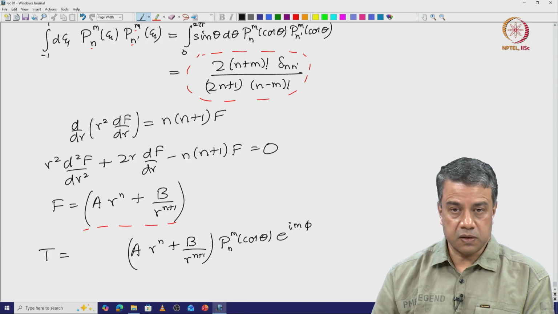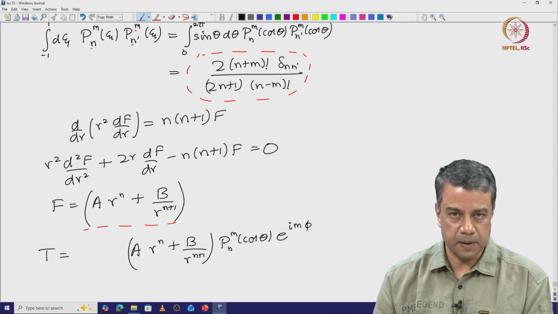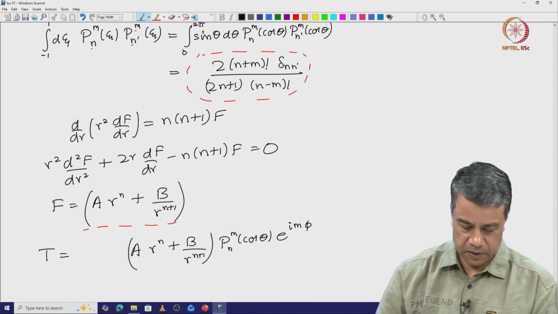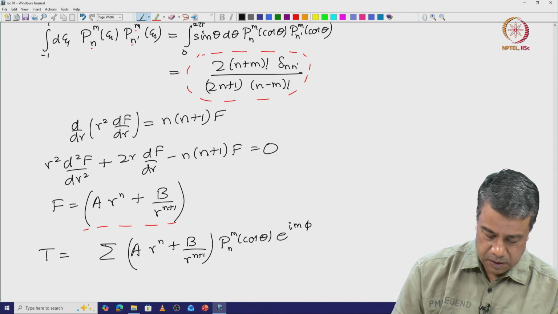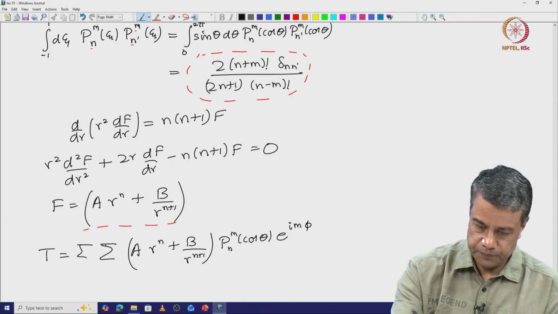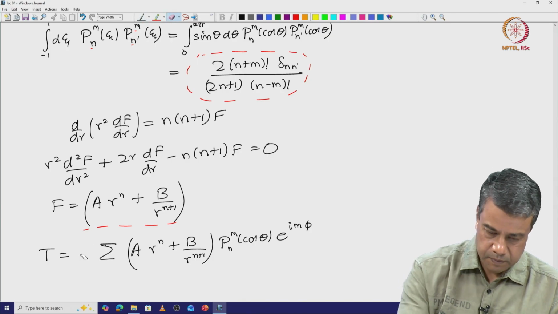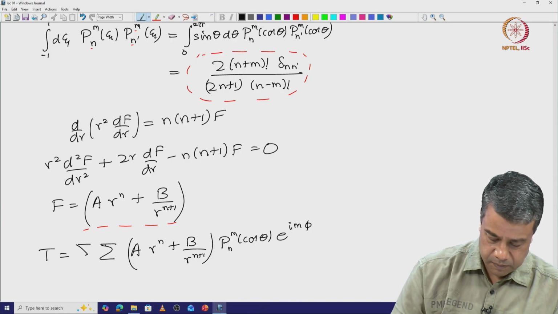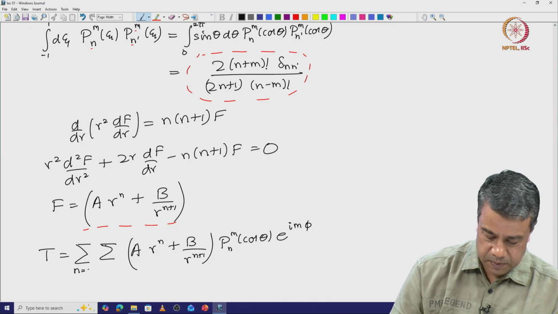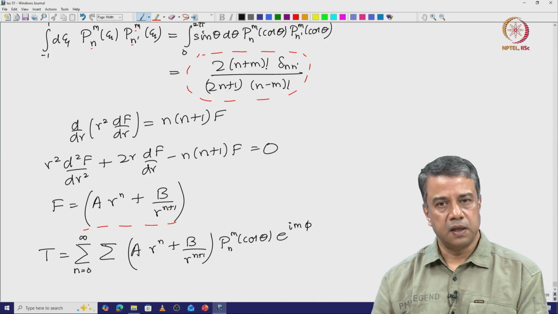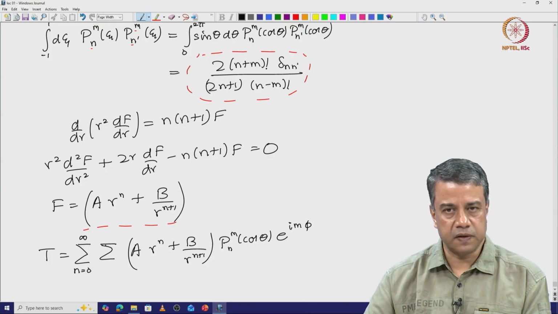Now, there is a summation over both n and m. N of course can go from 0 to infinity.